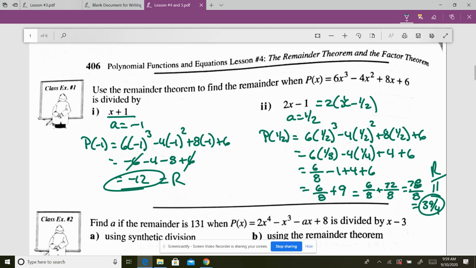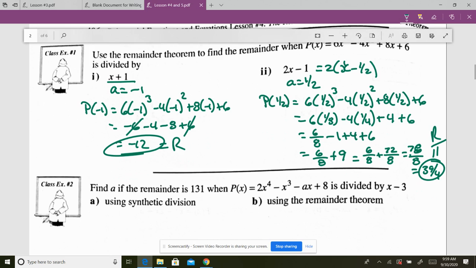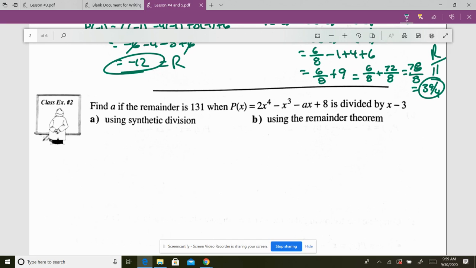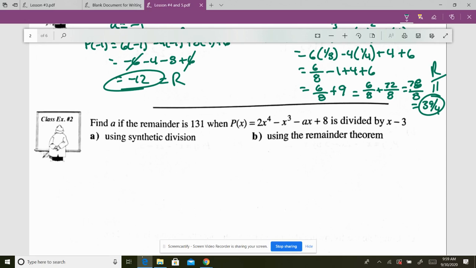R. All right, one last question before it'll bring us up to break. Find A. It's really unfortunate they keep using the letter A. Let's just call it B and make that unknown B. Just use A's everywhere, which is fine, but find B if the remainder is 131 when the polynomial 2x to the fourth minus x cubed minus bx plus 8 is divided by x minus 3.